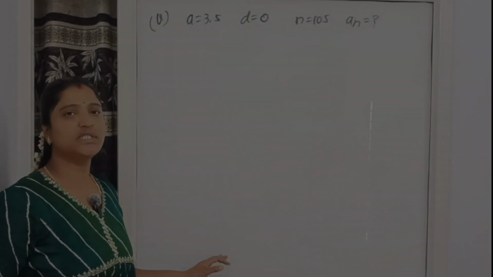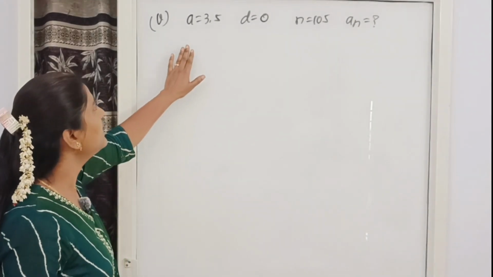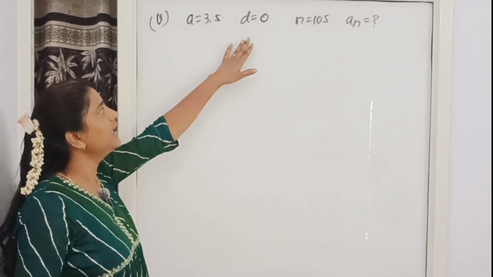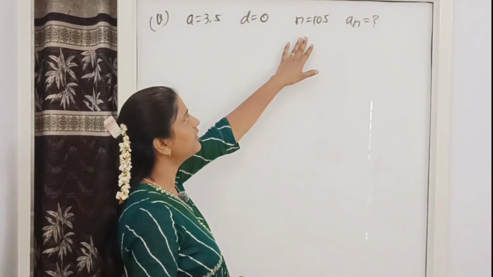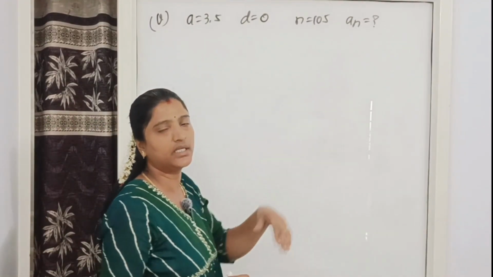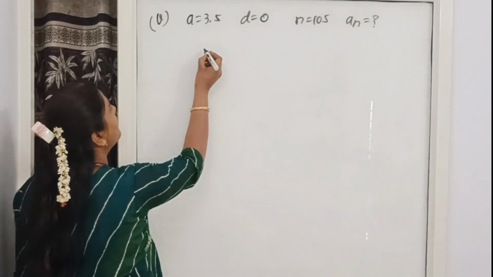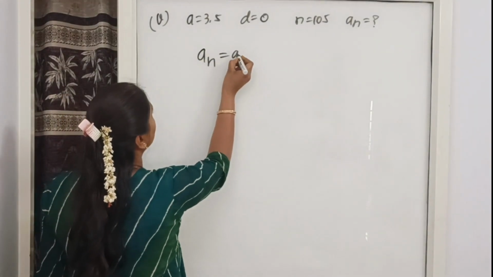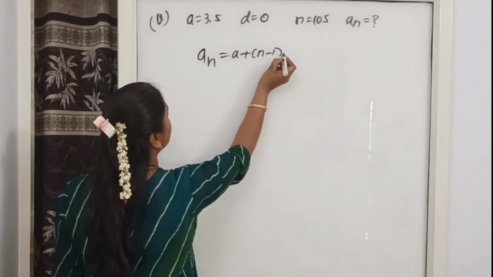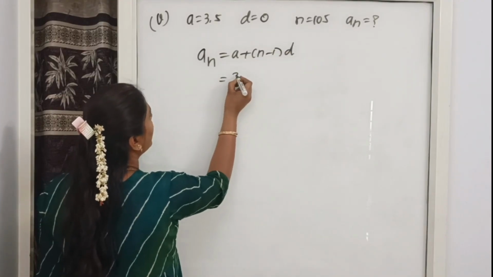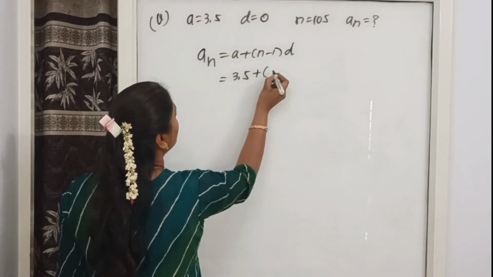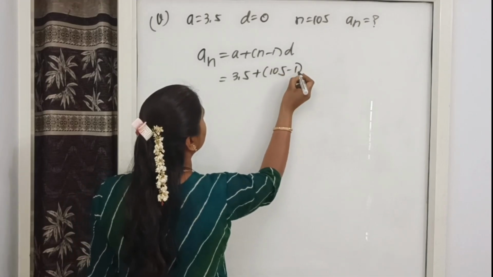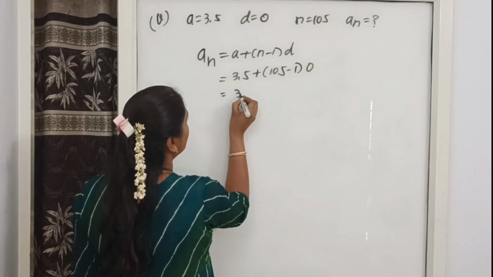Clear? Last sum is the fourth one actually and this is the fifth one. First term is 3.5, common difference is 0 and number of terms is 105, and we need to find the nth term. Write the formula: an is equal to a plus n minus 1 into d. So a is 3.5, n is 105 minus 1 and d is 0.